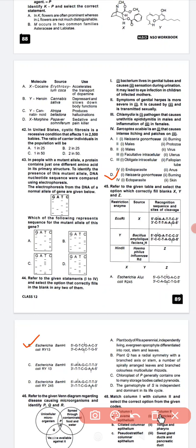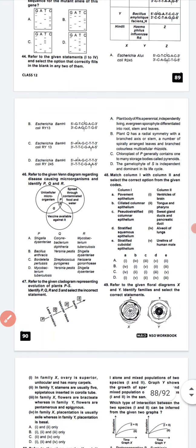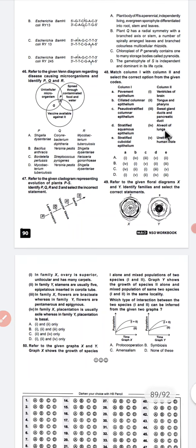Moving to the next question, that is question 46. In question 46 they have given you a set diagram. This set diagram refers to the Venn diagram regarding diseases caused by microorganisms. Identify P, Q and R. Unicellular microorganisms spread through contaminated food and water.